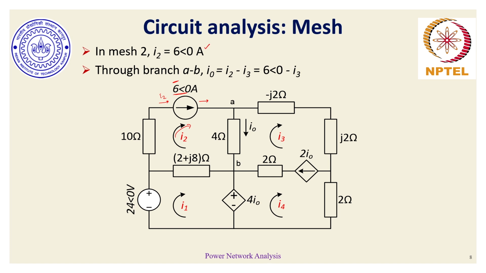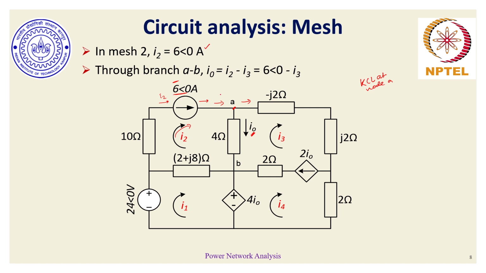And similarly, if we look at the current across nodes A and B, wherein we want to find I naught, then I naught can be found basically by applying KCL at node A. If we apply KCL at node A, we first have to figure out the branches and the currents flowing in them.